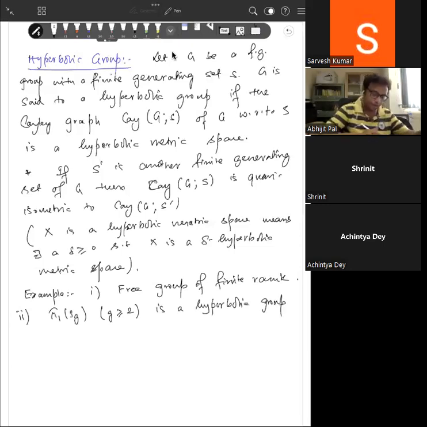Okay. So what about a non-example? Can you give an example of a group which is not hyperbolic? Yes, anyone? If I take any finite group, obviously it is hyperbolic. Infinitely generated groups will not be hyperbolic.